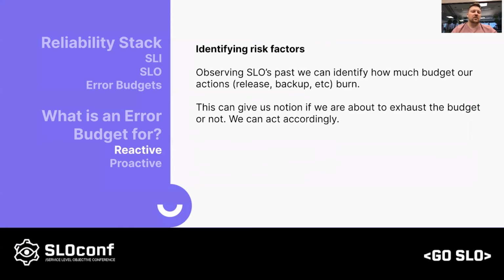You are informed that during the rest of the time window, the product team plans to make a release 5 times. Based on the history of error budget expenditure, you know it's a risky thing to do so. You can now suggest either trying squashing those releases into lower count or hold back some of them until the next time window.